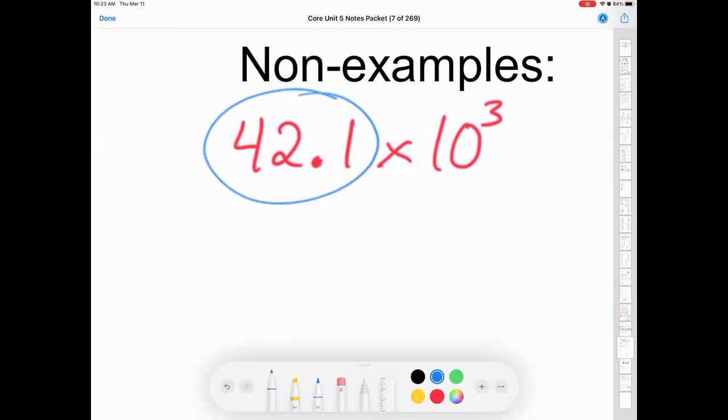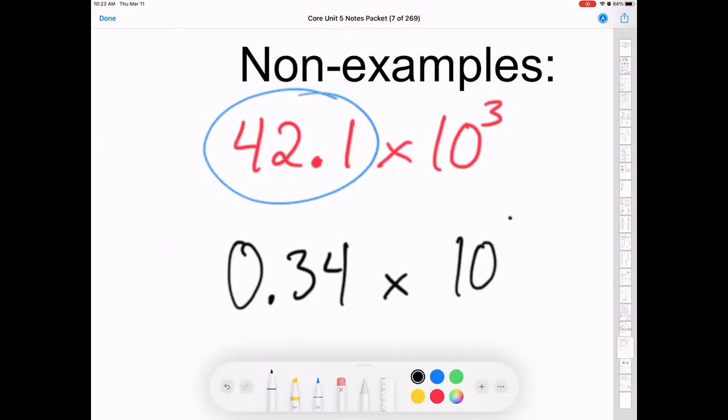Another example of what it would not look like is if we had perhaps something like 0.34 times 10 raised to the fourth power. That is not an example of scientific notation. Why? Because our value here is not between 1 and 10. It has to be between 1 and 10.